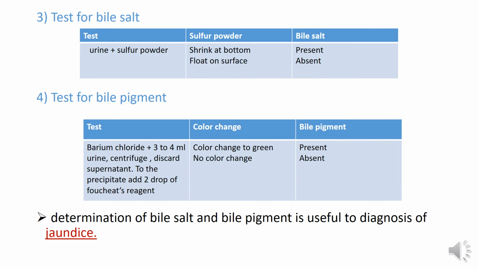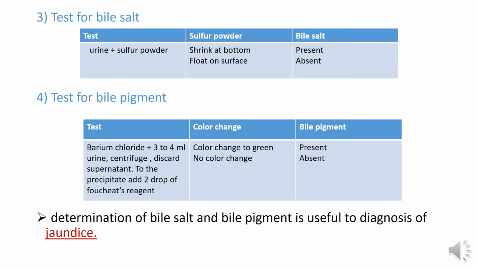Next one, the test for bile salt. In the test for bile salt, urine and sulfur powder are used. If the sulfur powder sinks to the bottom, bile salt is present, and if it floats on the surface, the test is negative, because bile salts, when present, lower the surface tension in the urine.